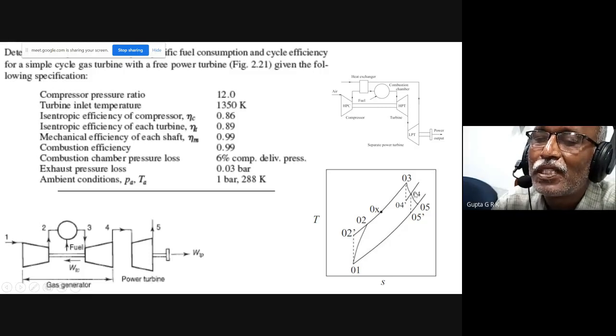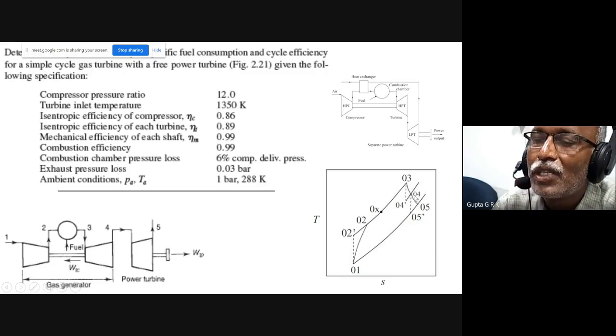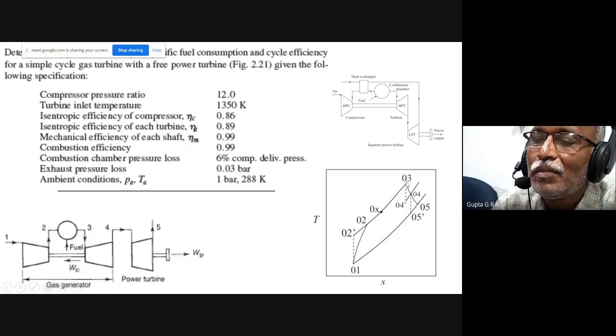Once T04 is known, I have to get P04 also, because to calculate this pressure ratio I have to know P04. How to get P04? To get it, I need T04 dash, the ideal one. The turbine efficiency given here is 0.89, equal to Cp into T03 minus T04 by T03 minus T04 dash.